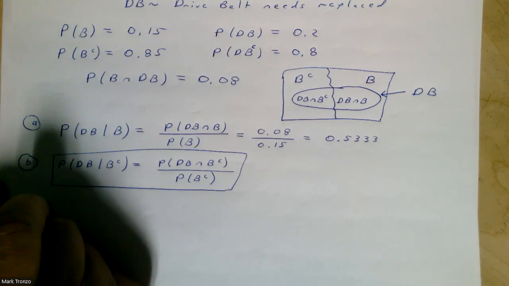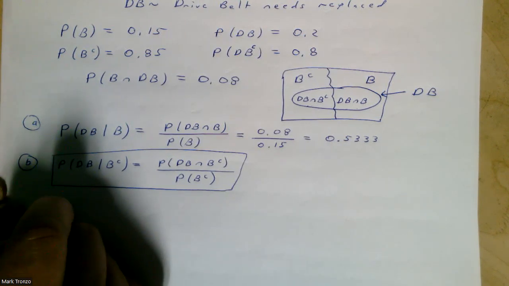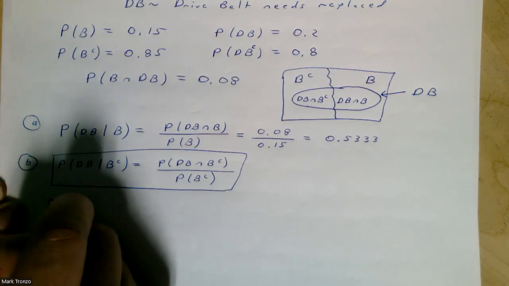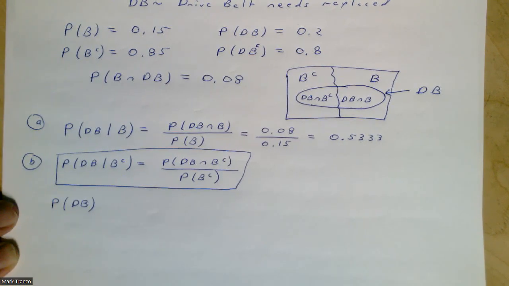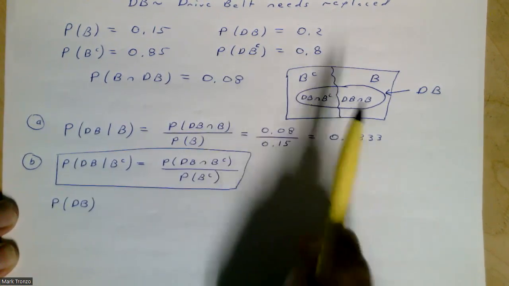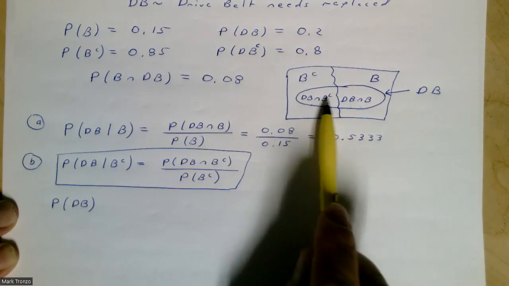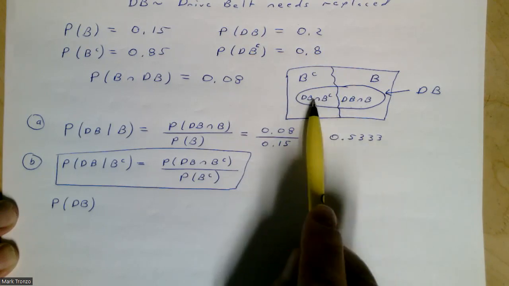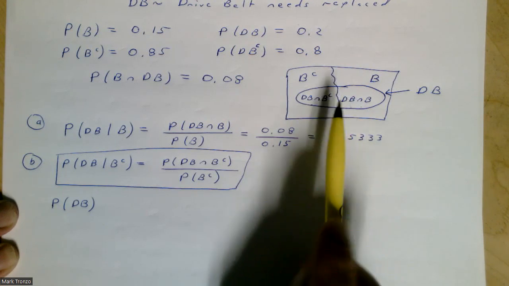So the probability that the drive belt needs replaced is going to be equal to the sum of these two. This is the total event for the drive belt needing to be replaced.